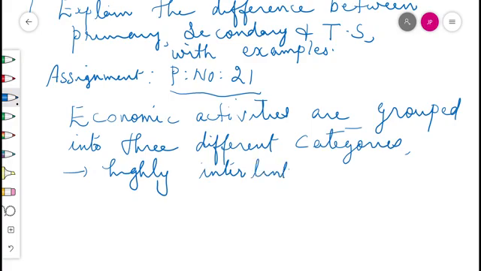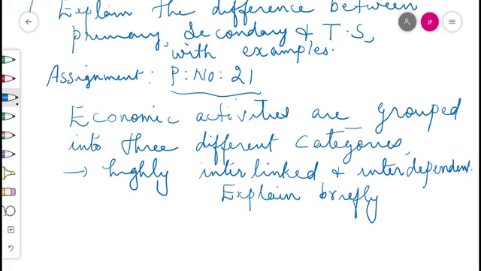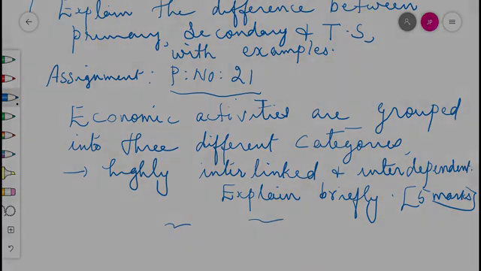Explain briefly. So it is a 5 marks essay. You can refer to the textbook page number 21, learn those examples, and add all the points of the primary, secondary and tertiary sectors in the column-wise analysis. Joining them together, this answer becomes the best one. Okay. All the best. Thank you.